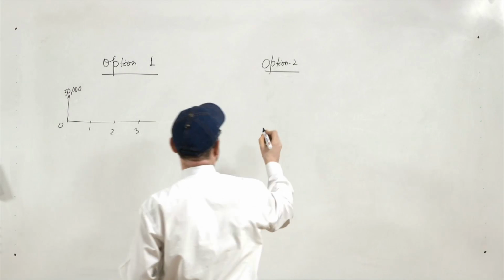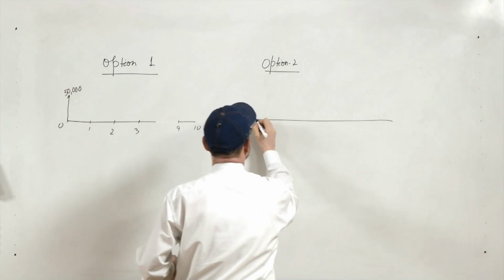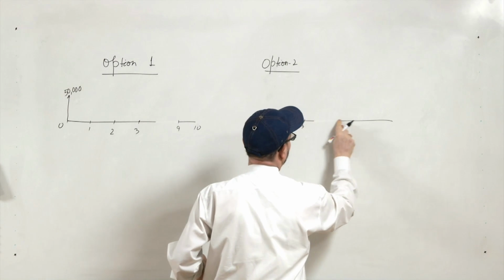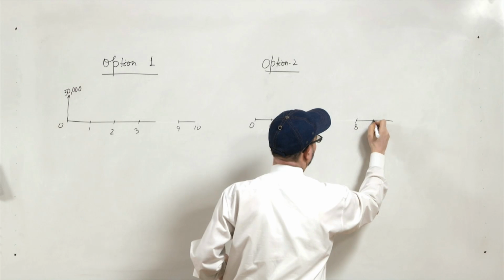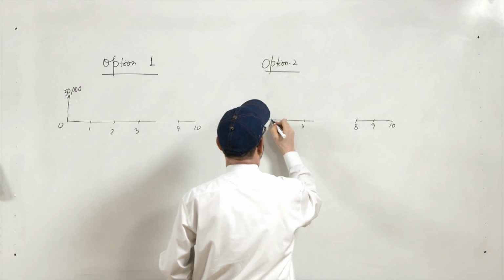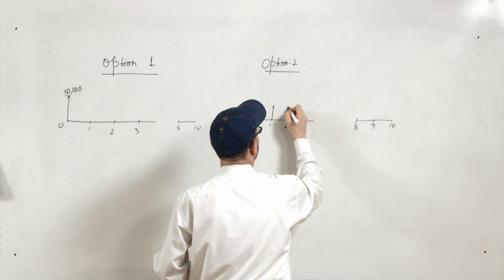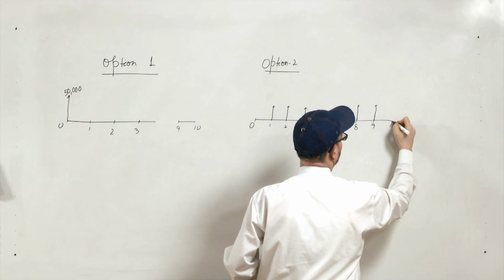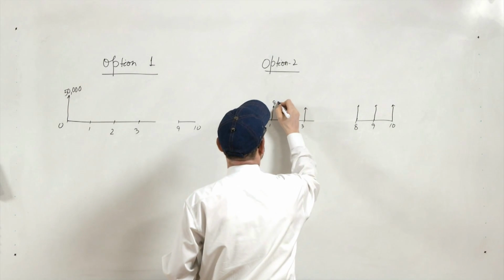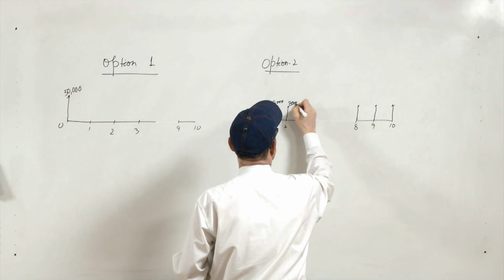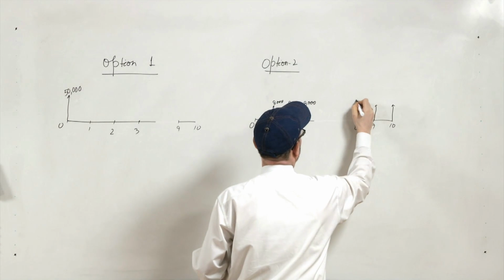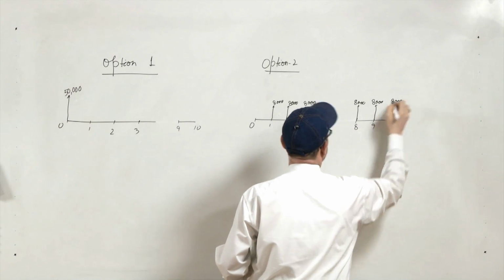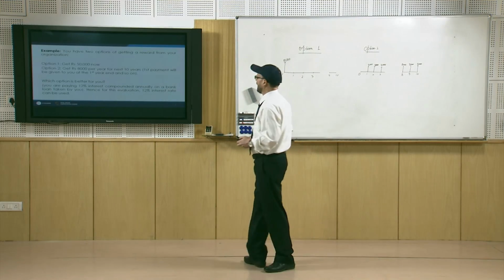So, option 2 gives you a cash flow diagram like this, and every year end you are getting 8,000 rupees. Now, these are the two options which we have.